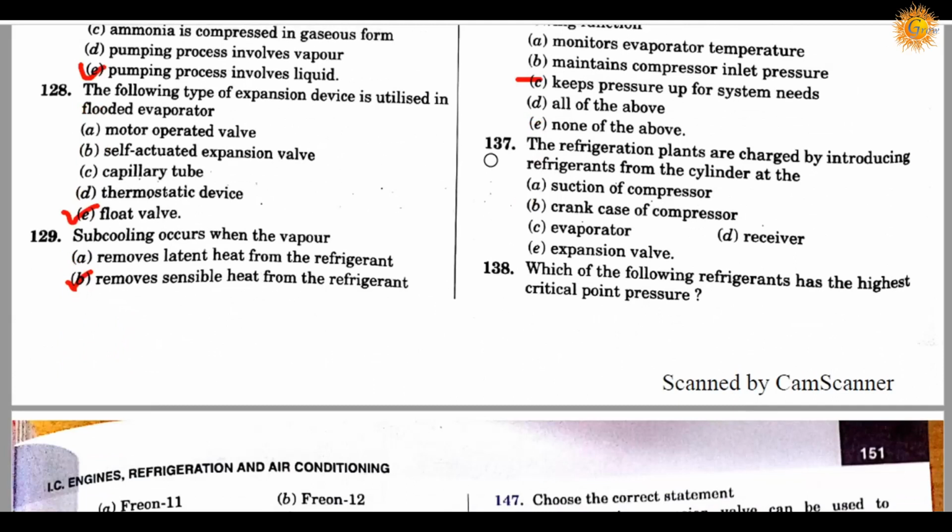Question number 137. The refrigeration plants are charged by introducing refrigerant from the cylinder at the: option A, suction of compressor; option B, crankcase of compressor; option C, evaporator; option D, reservoir; and option E, expansion valve.